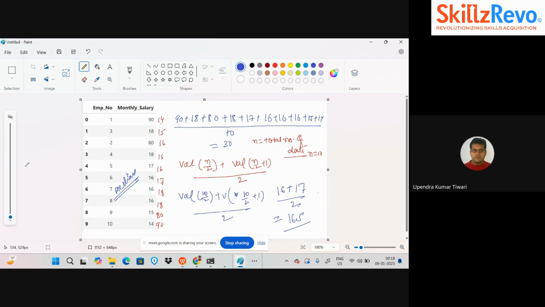But the median is not affected by outliers. So normally the mean is considered the central point, but if your data has an outlier, in that case the median will be considered the central point. Clear, everyone? Clear? Okay.